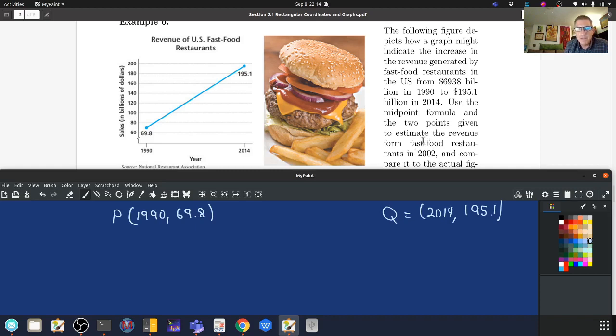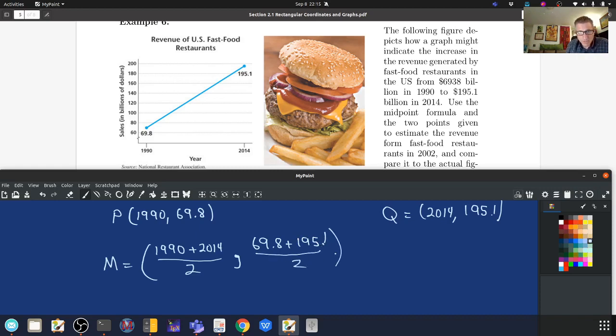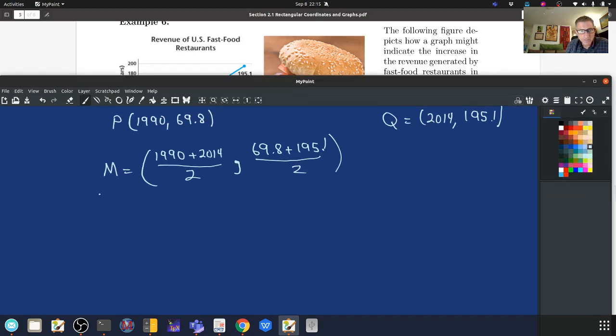So the midpoint of the two is going to be found by adding the x coordinates and dividing them by 2. Remember, the midpoint is a point. And you add the y coordinates, it's supposed to be 69.8, people, and you divide by 2, and now it's just simplification.